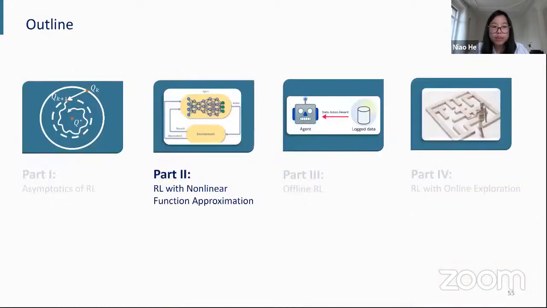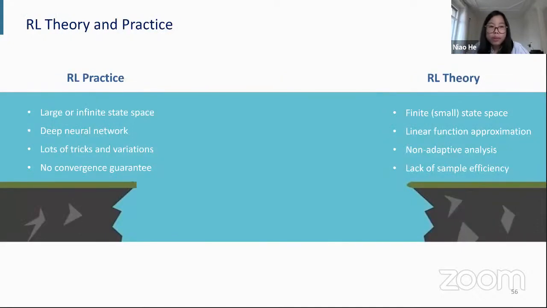So that will be part two of this lecture: what can we say about nonlinear function approximation? As we mentioned earlier, there is a huge gap between the theory of RL and the RL used in practice. In practice, almost always we're using deep neural networks for estimating the value functions because the state space is so large.